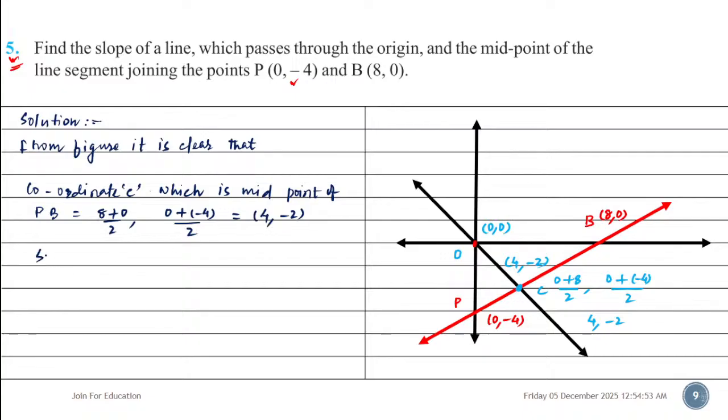So the slope of what? OC. Whose coordinates are, coordinates of O is 0, 0 and coordinate of C is 4, minus 2.